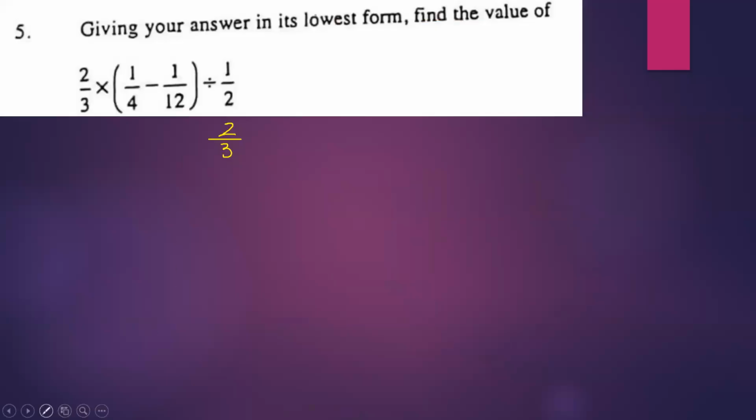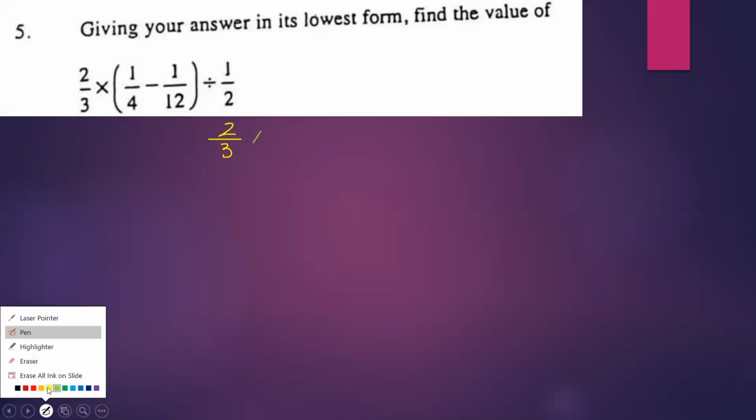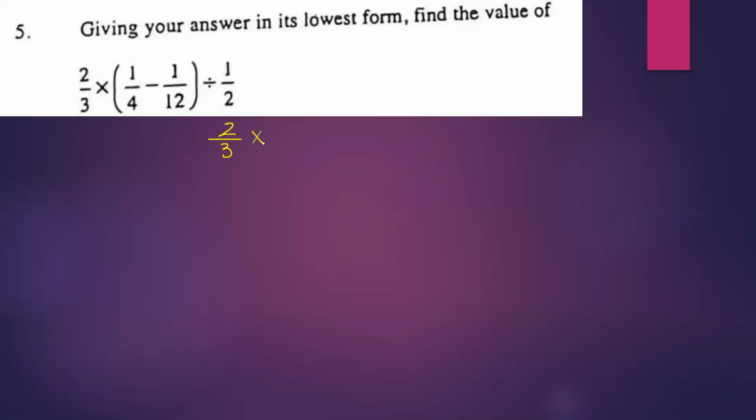So it's going to be 2 over 3 multiplied by, a bracket, 1 over 4 minus 1 over 12, divided by 1 over 2.